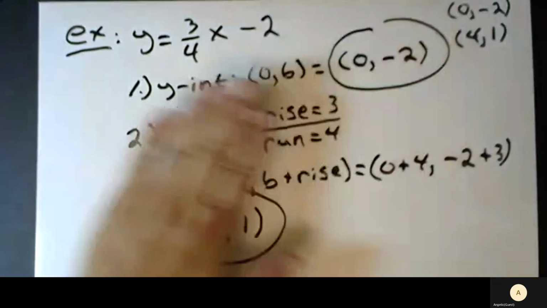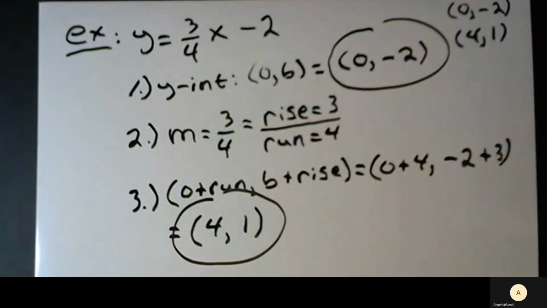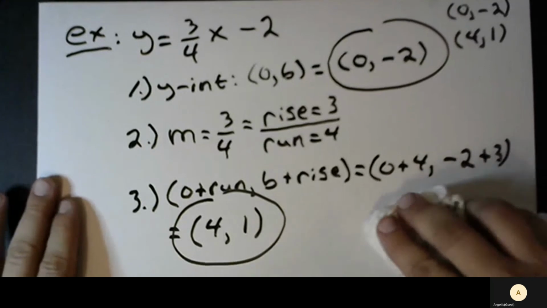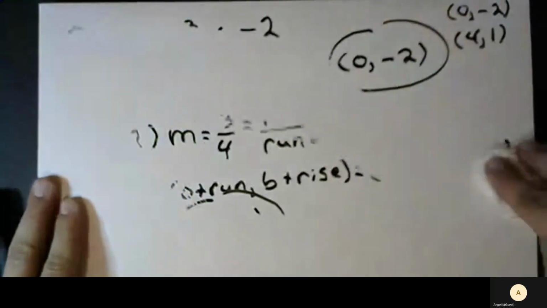Is it okay if I erase this? Yes. All right. So I'm going to graph this line. We have 3/4 x minus 2.